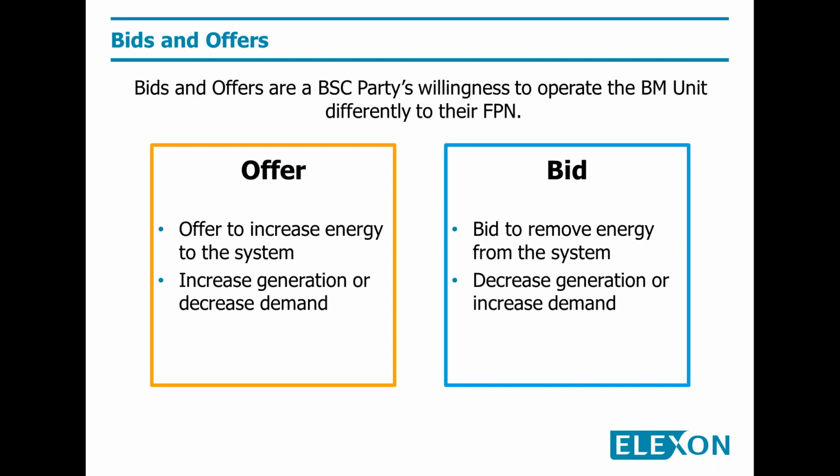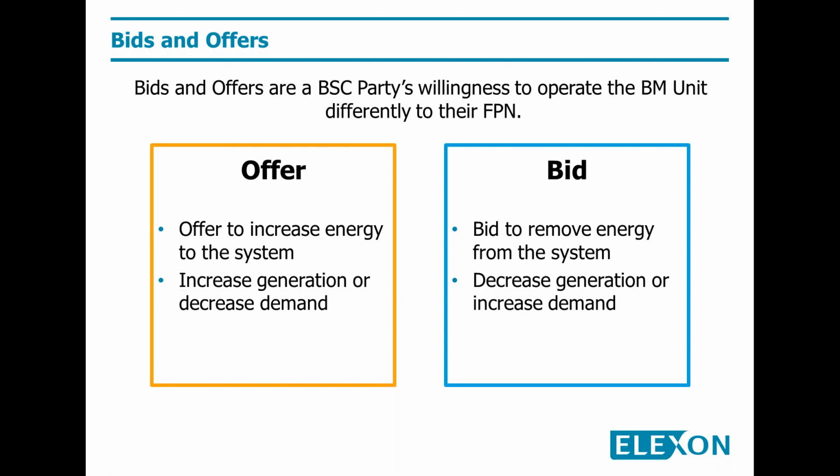Okay, so I also mentioned bids and offers. So bids and offers are a BSC party's willingness to operate their BMU unit differently to their FPN. So their willingness to either increase energy to the system or remove energy from the system. Increasing energy in the system is called an offer. So that will be either increasing their generation or decreasing their demand.